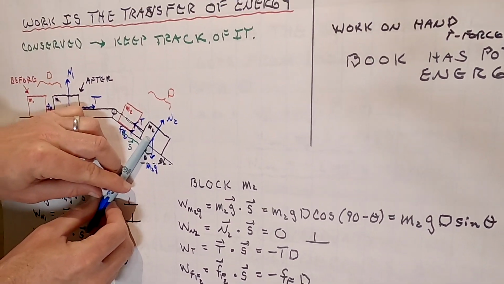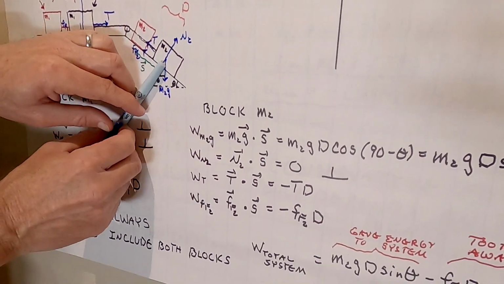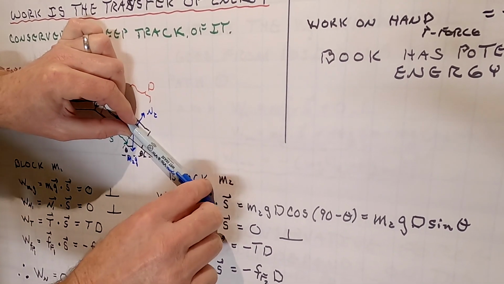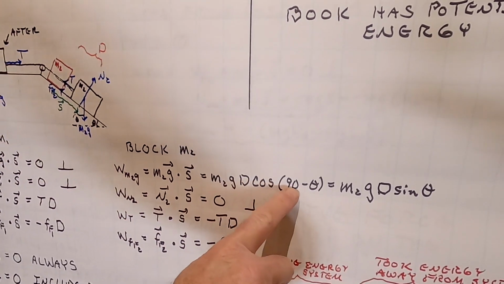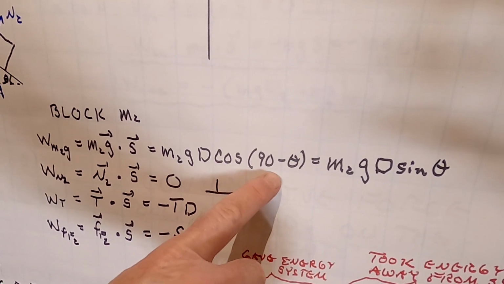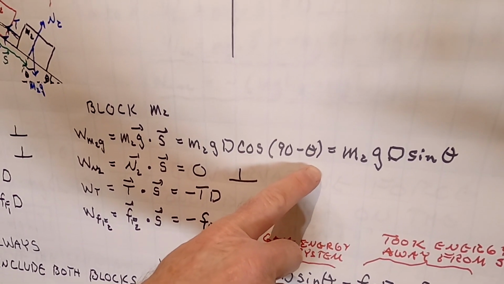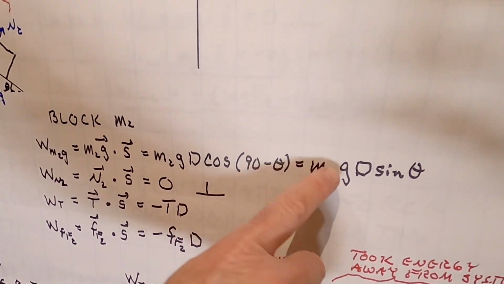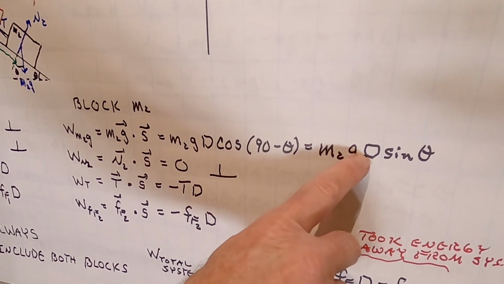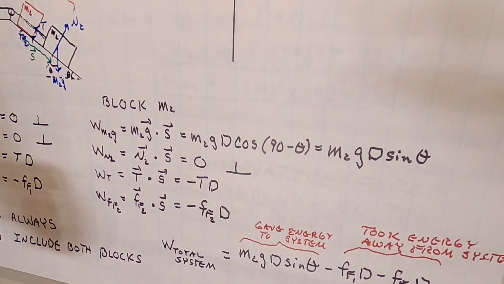Remember this angle was theta, we already did that from before, so the angle the rest of the way would be 90 minus theta. So we got the cosine of 90 minus theta. And we know the cosine of 90 minus theta is just sine of theta. So this is just m2gd sine theta.